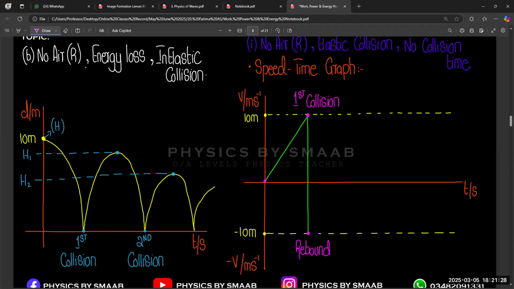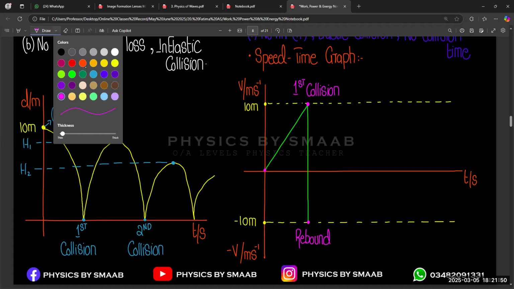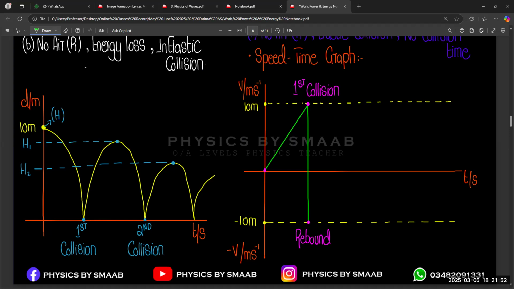Now it rebounds in the opposite direction. First it is moving in downward direction, it hits the ground. We mark the positive gradient in the graph. Now it rebounds, and it is moving in the opposite direction. During the fall, it moves downward, and during the rise, it moves in the opposite direction of the fall. So it will reach the same height again after some time, like this.